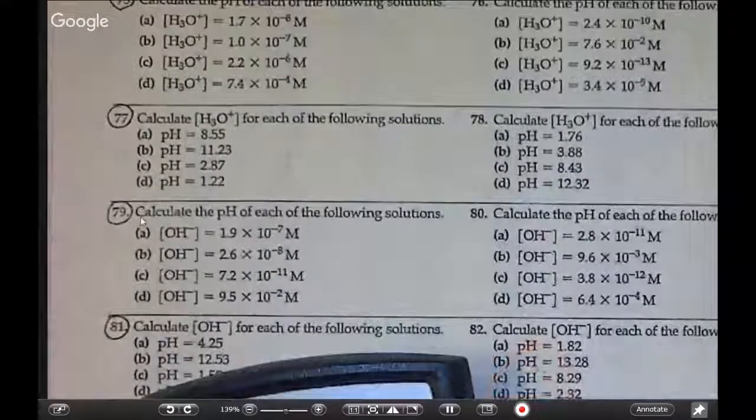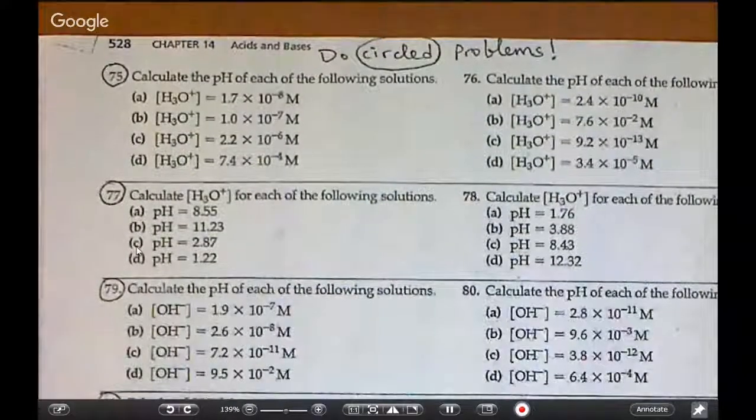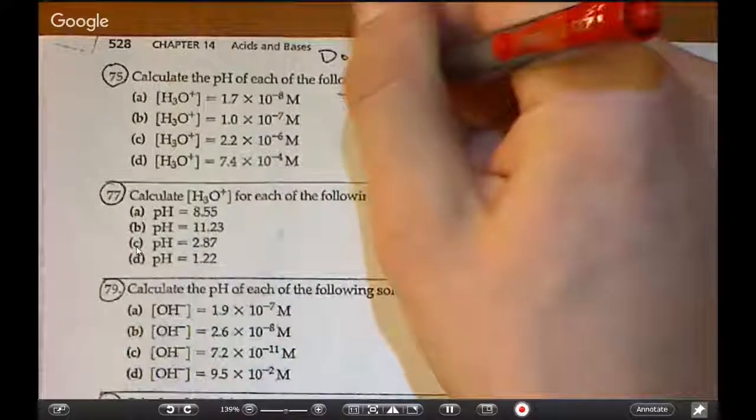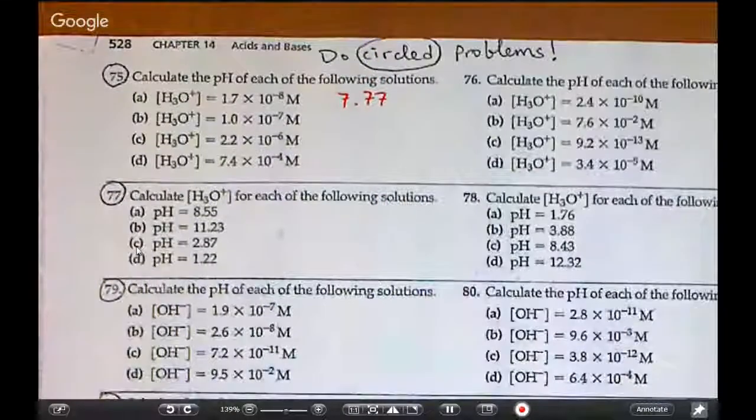All right, listen up. On the back side, you had to do some calculations. So pH for 75, negative log of that. So A is 7.77.